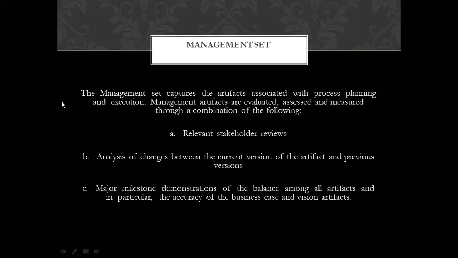Analysis of the changes, the current version of the artifact and the previous version. You have to see the changes and analyze them. Major milestones that are to be achieved among all artifacts, in particular accuracy of the business case and vision artifacts, according to the objectives and goals that were set in the starting.